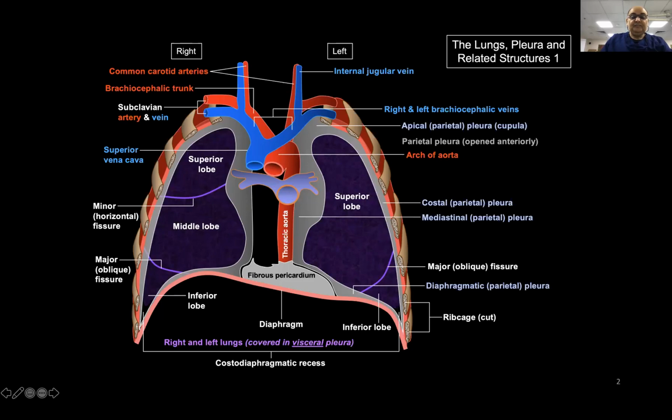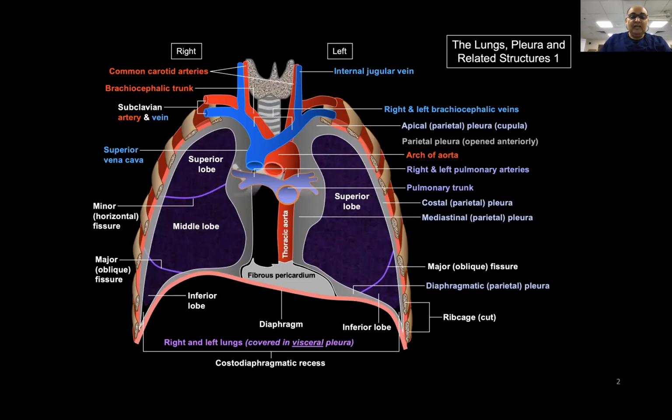So this is the structure which takes the blood collected in my right ventricle. When the right ventricle contracts, this blood is pushed to the right and left side through a common structure which we call the pulmonary trunk. It takes the blood to my right and left lungs for gaseous exchange. Very good.